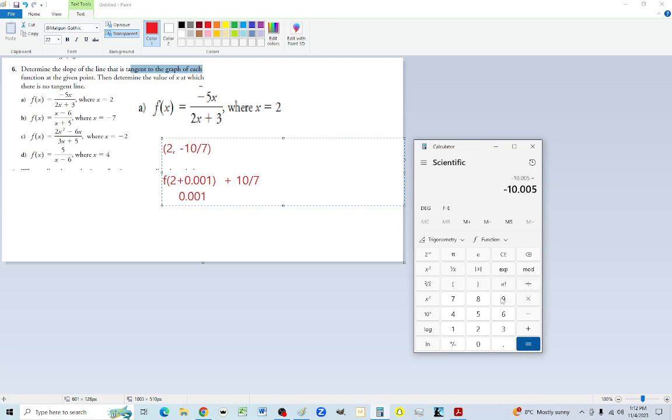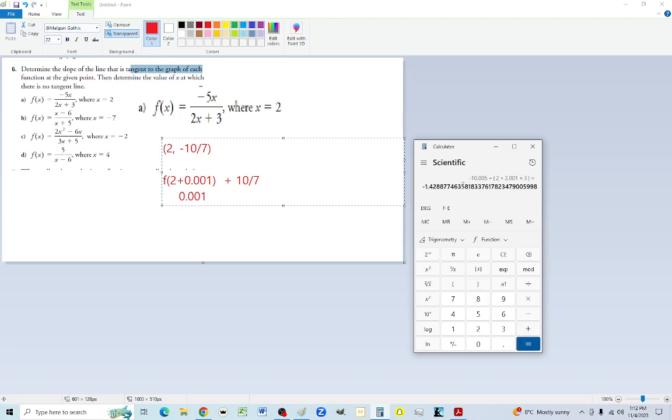And then it's dividing it by 2 times 2. Oh, hang on. Let's go back. 2.0 0.01, I'm going to put that in memory, times -5 equals, and then it's being divided by, open brackets, 2 times my memory plus 3, close brackets, equals.